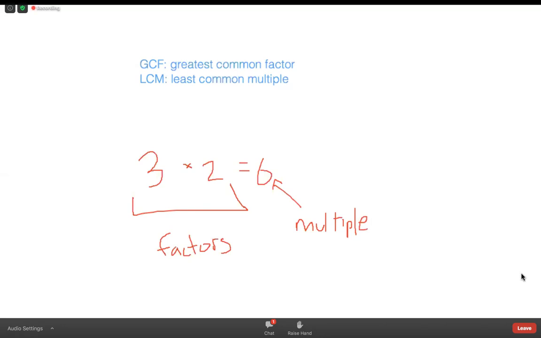Yeah, and someone said GCM, greatest common multiple. Good.